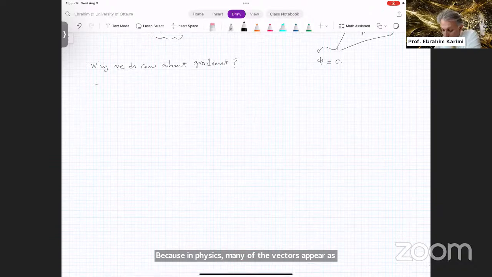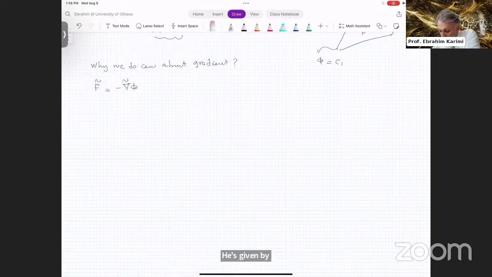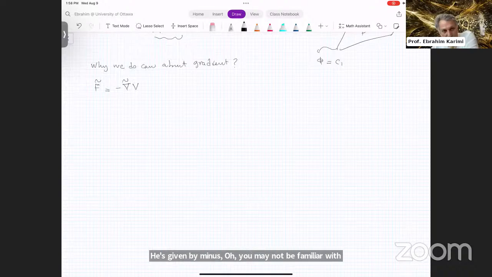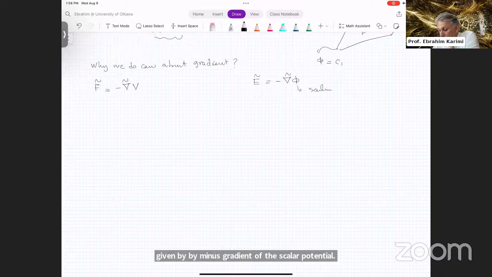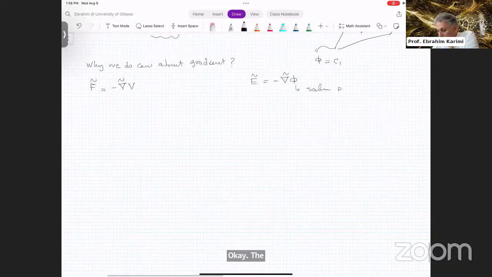For example, the force is given by minus gradient of a phi, or you may not be familiar with that, but it appears as a gradient of a potential. Or for example, in electrostatics, the electric field is given by minus gradient of the scalar potential. Okay, recall scalar potential.